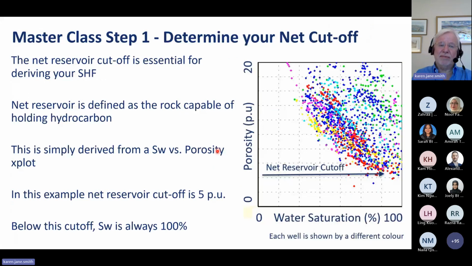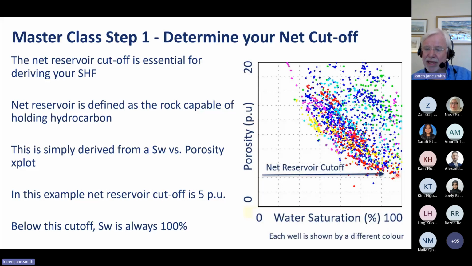So there are 3 steps in the masterclass. The first step is to define your net cutoff. And this is done by this very simple plot of water saturation against porosity. In this plot, we've got many wells shown. And what we see is this characteristic pattern. We've got the lowest water saturations at the highest porosities. And as the porosities reduce, the water saturation increases and there's less hydrocarbon.